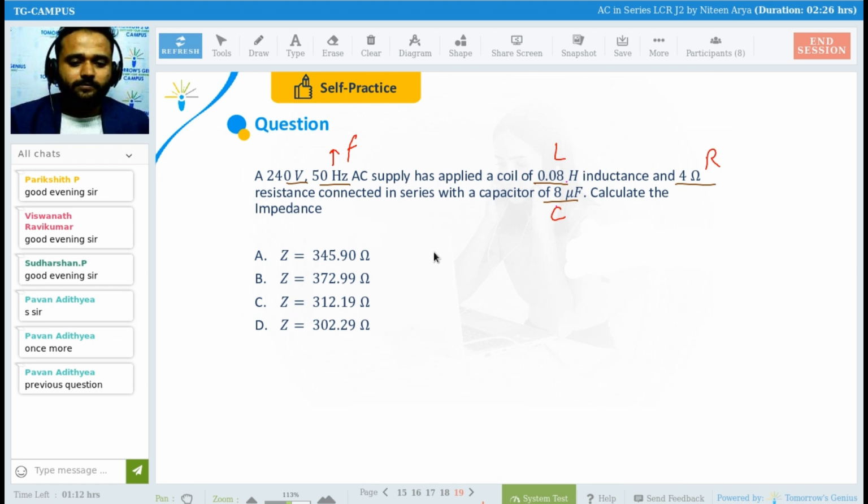The next question: an LCR circuit is given, the frequency is given. Tell me the correct answer for this. Go ahead. Which one is the correct answer? Tell me, beta, everyone. Did you find it or not?